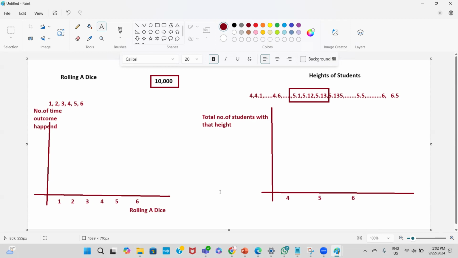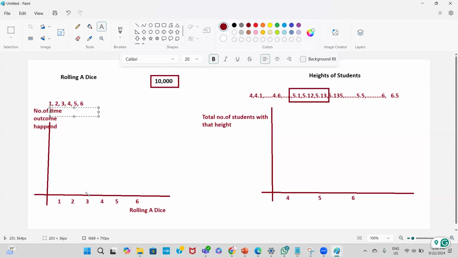When you roll a dice 10,000 times, the outcome 1 will have an equal probability, 2 will have an equal probability, 3 and 4 will also have equal probability. What this means is every outcome when rolling a dice will have equal probability.